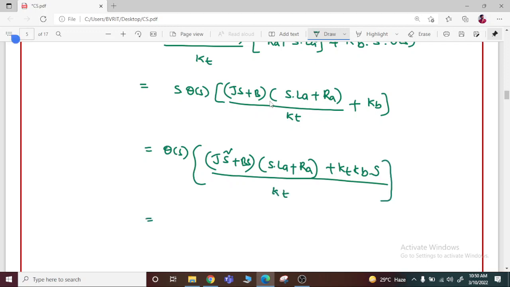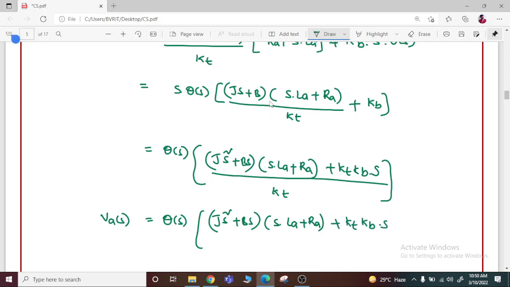So this can be written as, this is Va of s, which is nothing but theta of s into (Js square plus Bs) into (s into La plus Ra) plus Kt Kb into s divided by Kt.